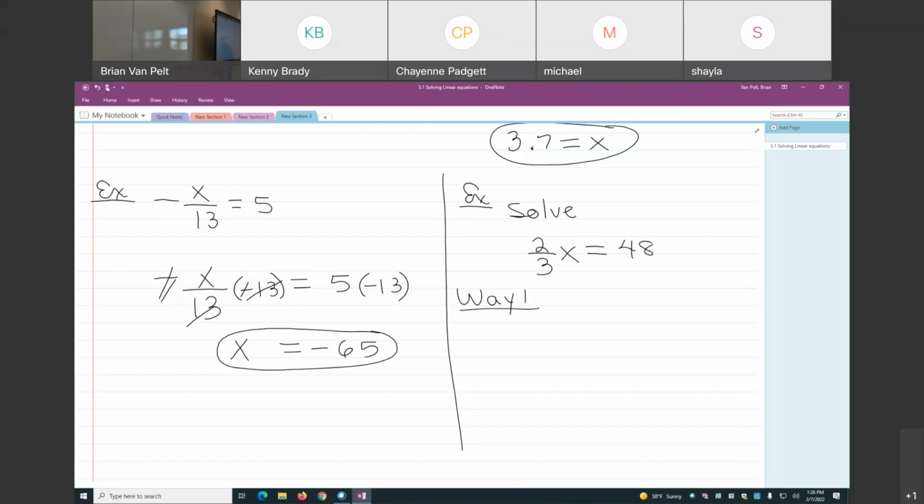What I do is, you notice you've got the 2/3 on the left-hand side. I am going to multiply the left-hand side by 3/2. Instead of having a 48, it's probably easier to have 48/1.